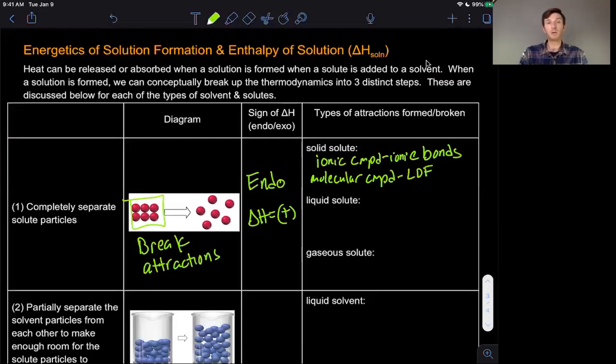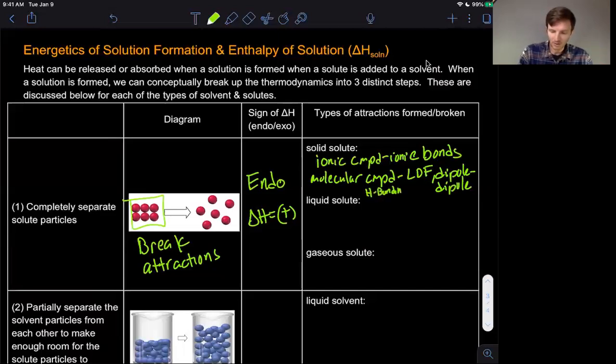Maybe they're polar molecules, and those polar molecules are attracted to each other by dipole-dipole attractions. And if the molecule has a hydrogen directly bonded to an oxygen, nitrogen, or fluorine, then we would also have the ability to have hydrogen bonding.